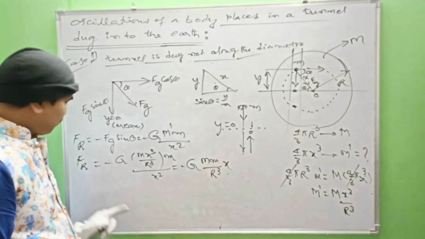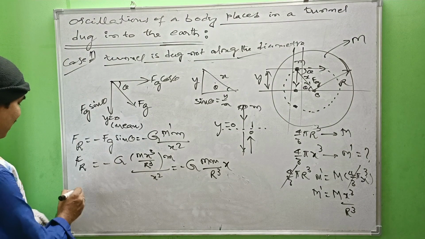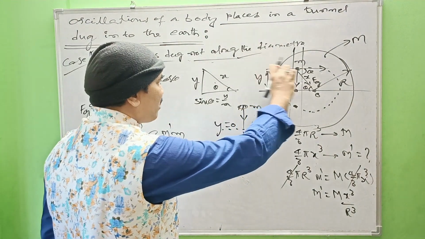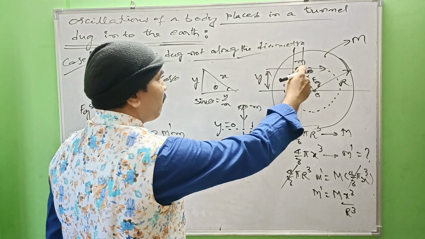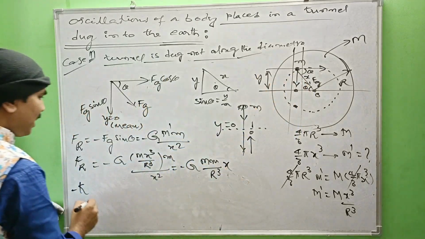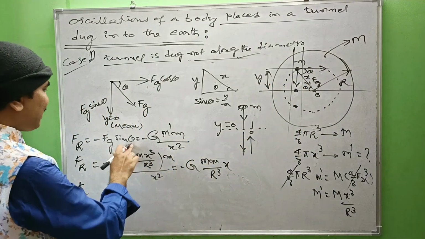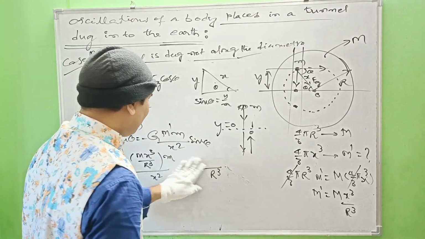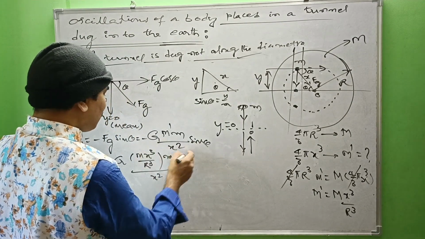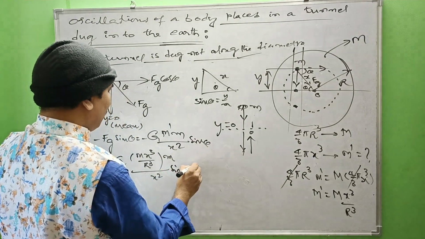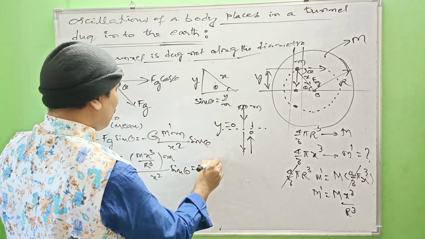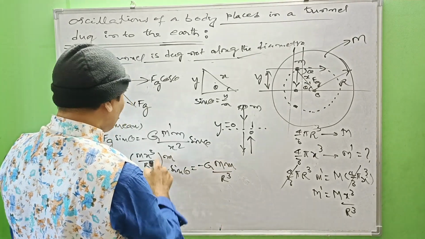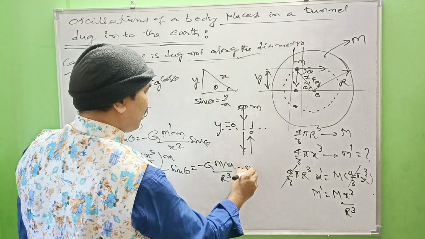Now by definition, Fr can be written as minus k into displacement. Displacement is y or x? y, from here to there. That is minus ky. Here sin theta is also there; we forgot sin theta. So minus G M m by r cube into x cube by x square, into x sin theta.